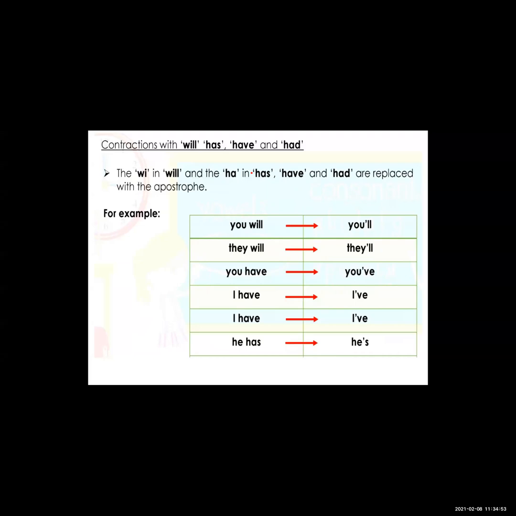They will, here also you replace the WI with an apostrophe. Then you have, I have and he has. Here you replace HA with an apostrophe. So in will you replace WI, and in have, has and had you replace HA with an apostrophe.